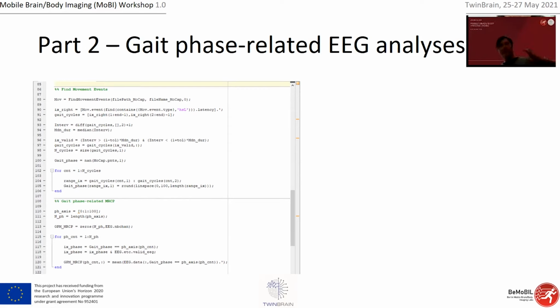This interpolation then corrects for how long each cycle was. Then I do some checkups. I remove everything that is out of range, meaning I compute the median duration of each interval and reject every gait cycle that is longer or shorter than 20% of the median duration.